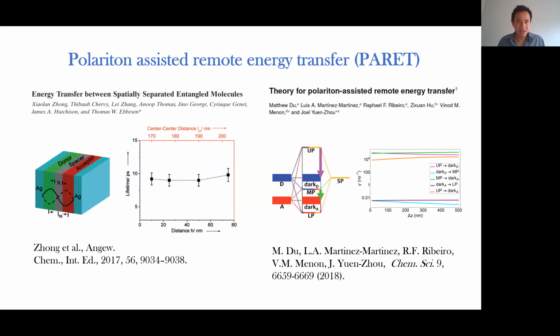That's not interesting, but what's interesting is what happens afterwards: after this statistical decay, there is funneling of population passing through the middle polariton. The middle polariton is the bridge that takes energy between this reservoir and this reservoir, because it has character of both of them.